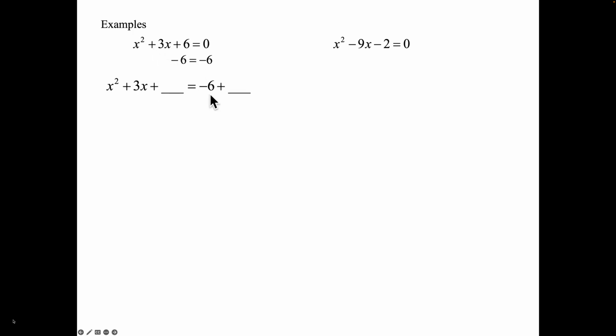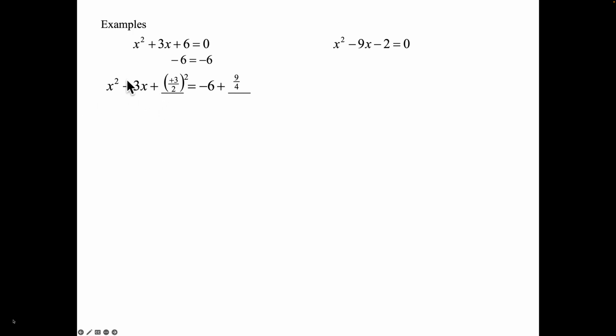Subtract over the 6. Put in your plus blanks. Now remember, what's half of a positive 3? Not 1.5. 3 halves. Square it to get 9/4. Don't panic. I tell you right now, you are not going to work with fractions. There's fractions here, but you will do no fraction work.